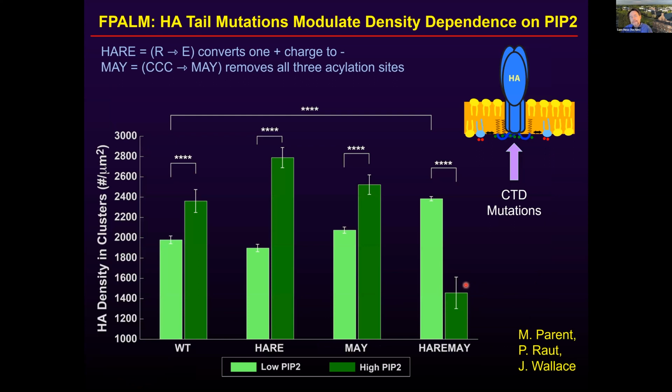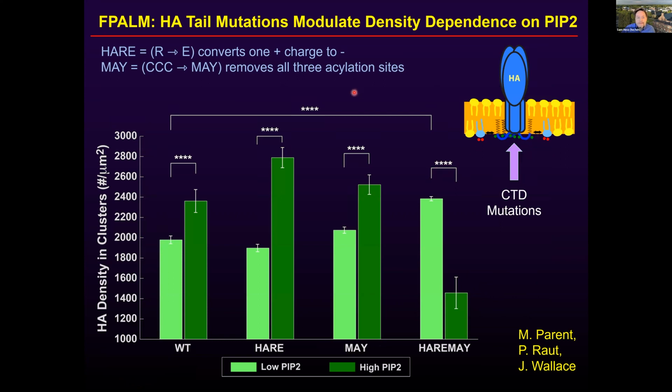So back to experiments now. If we mess with the tail, we should be able to disrupt the interaction. If we understand the interaction to be a charge-charge interaction and an acyl lipid tail interaction, that's what I'm proposing here.